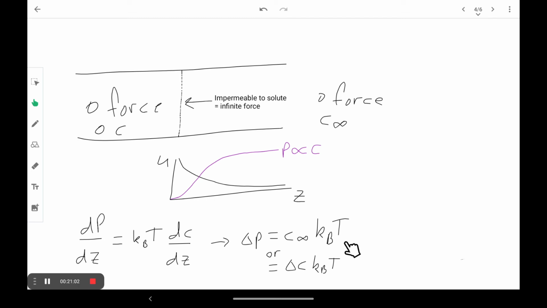And to think a little more carefully about that, I'm going to use an example from the text. If you put a little blob of sugar right here, it would start to diffuse, and there would be a concentration gradient as it's diffusing. But there's not going to be any osmotic flow.